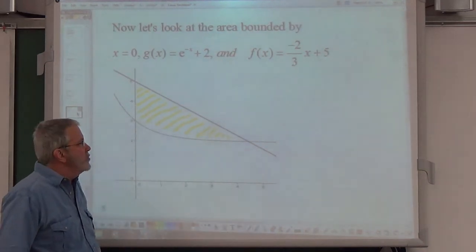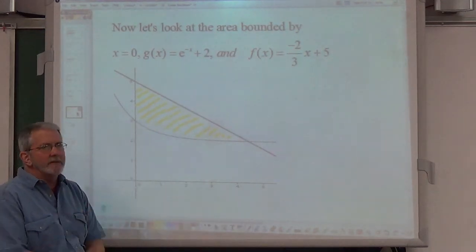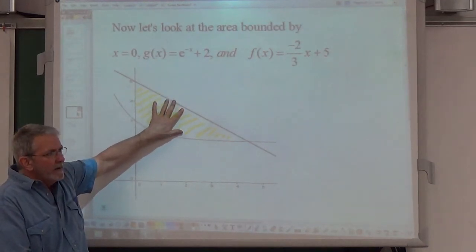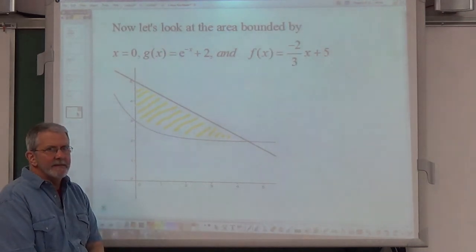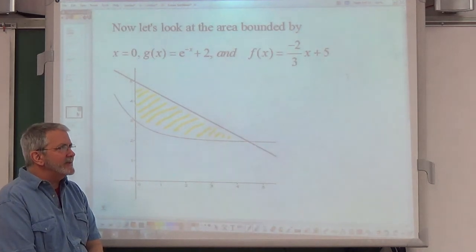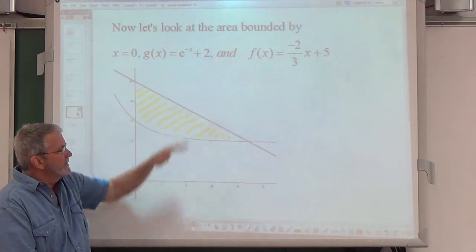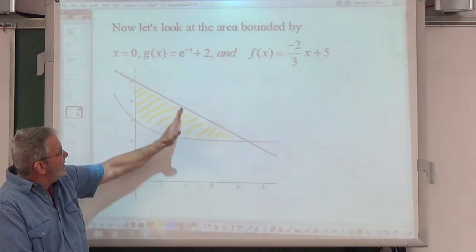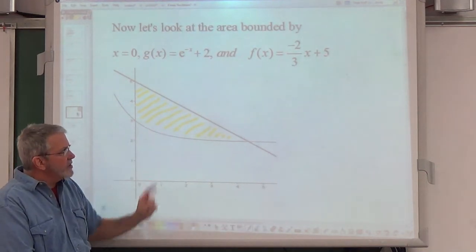And what I want to do this time is think of the solid whose base is bounded by this area, but whose cross sections perpendicular to the x-axis are squares. Squares perpendicular to the x-axis. The base is bounded by this area, and cross sections perpendicular to the x-axis are squares.